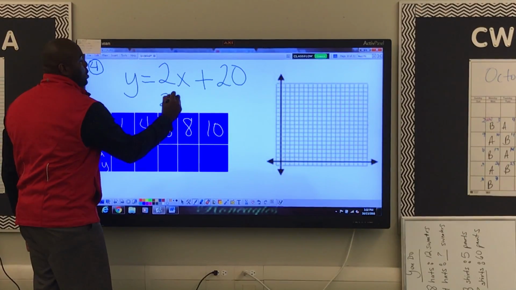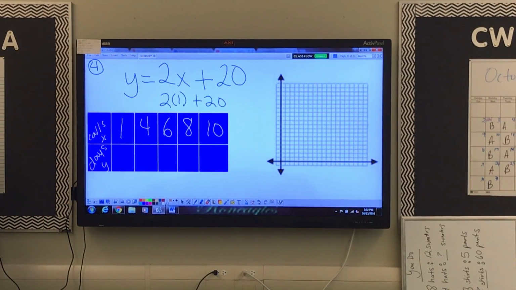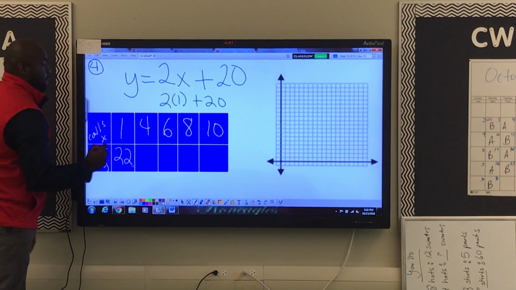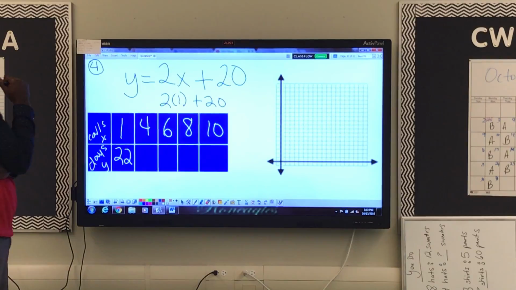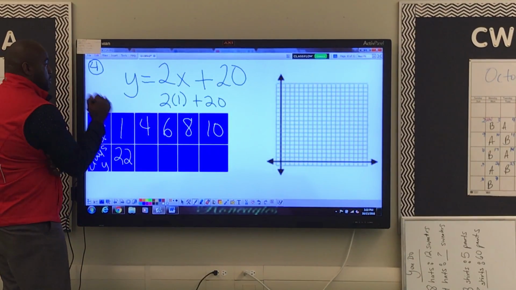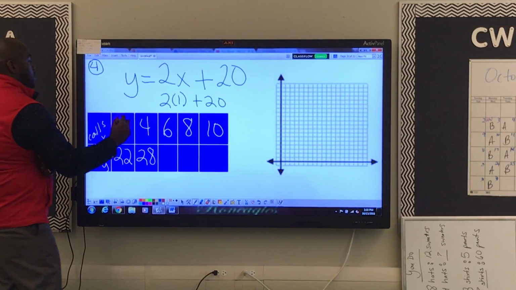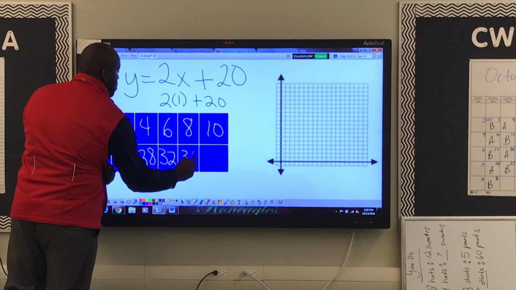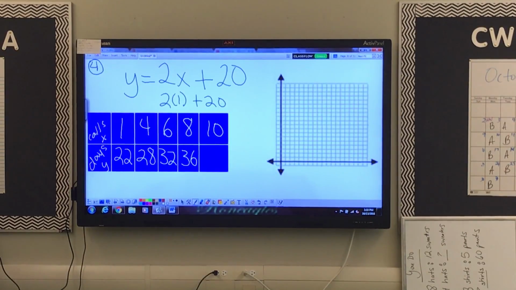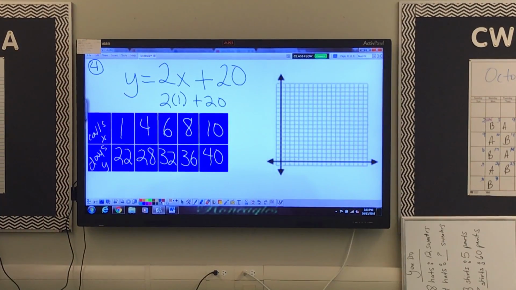One times 2 plus 20 is 22. Now we have our table done.